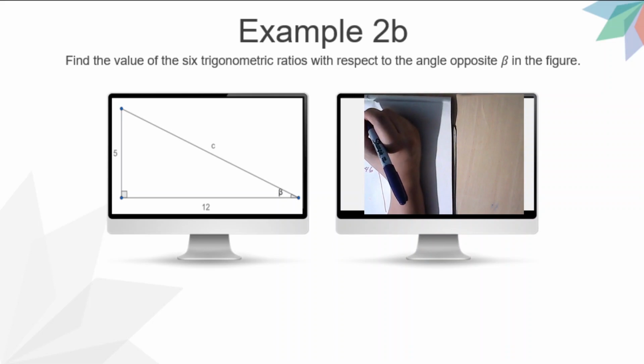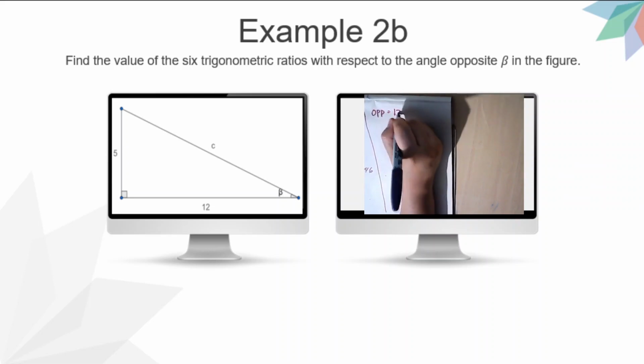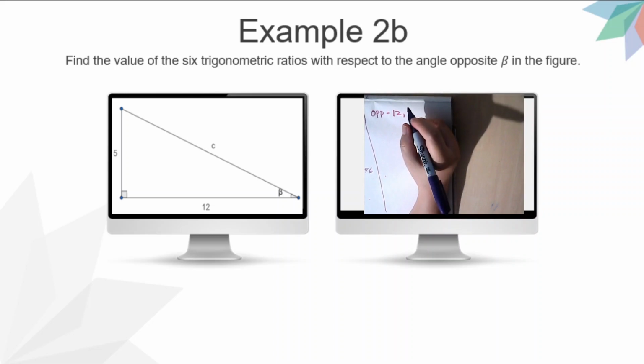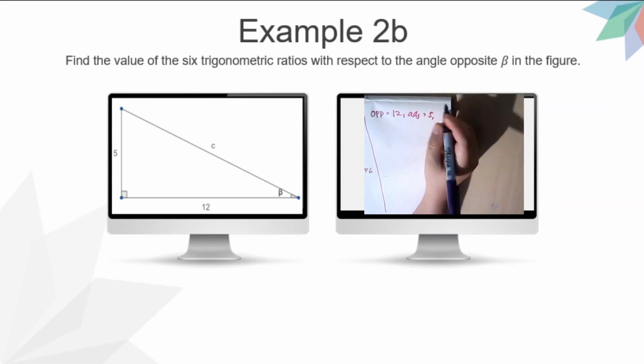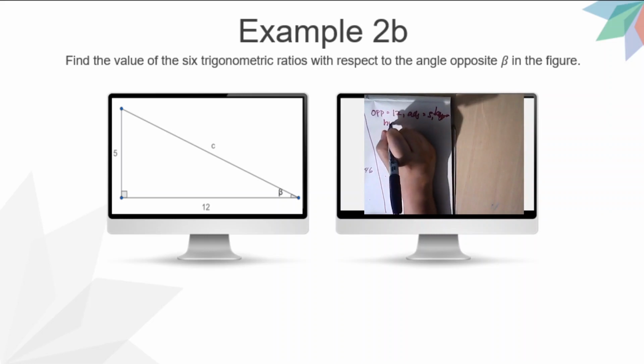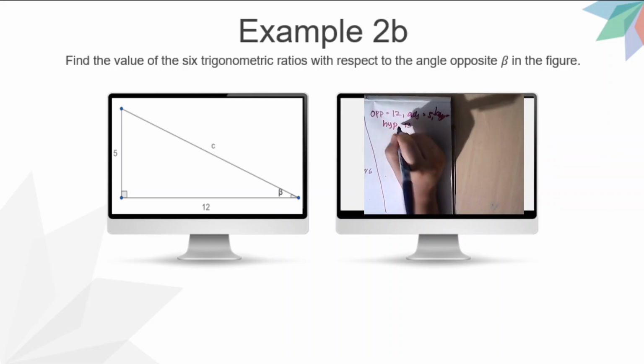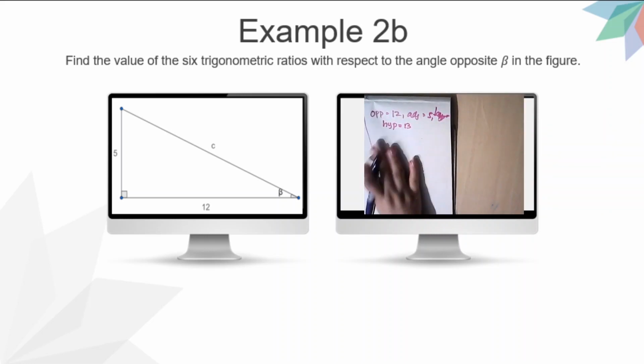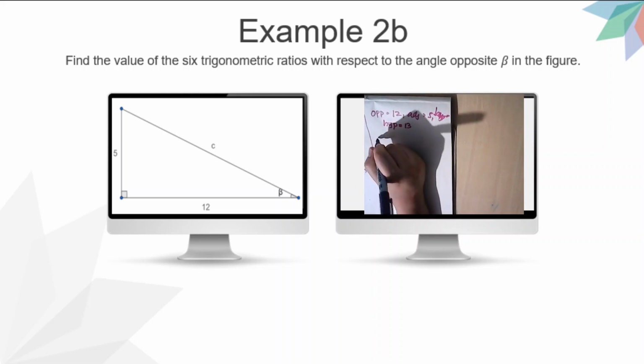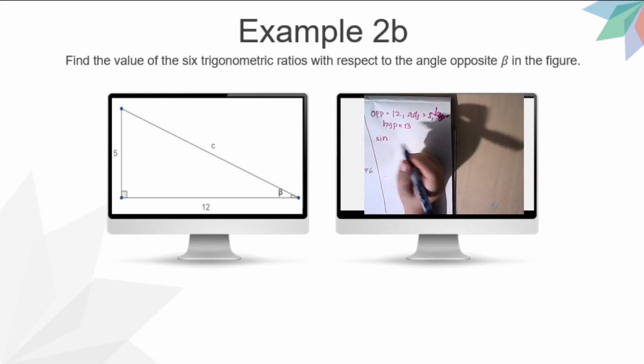Since the angle opposite beta is opposite of length 12, therefore, our opposite side will be 12, and the measure of the adjacent side will be 5, and the hypotenuse is still 13.